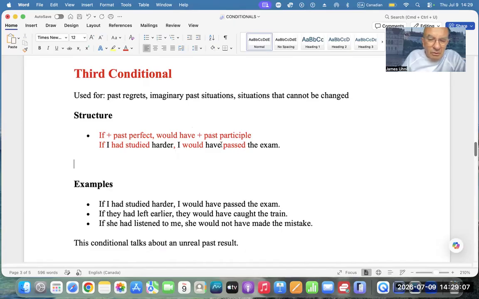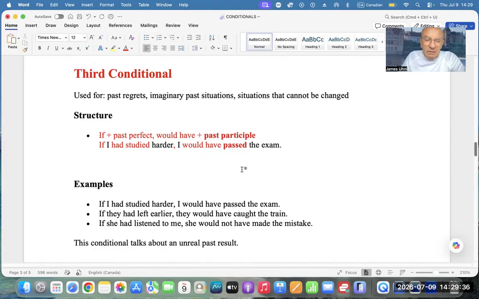So what I will do, I will make past participle bold, and over here I will have bold only past. Okay, because that is past participle. In this case, I can make have red color.